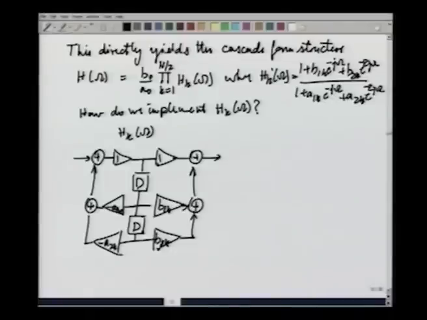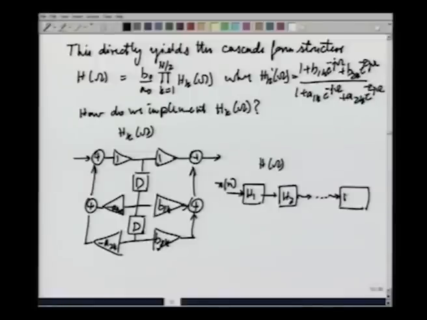This gives you hk, and h omega will then be implemented as xn going into h1 followed by h2 of omega, and finally followed by h n by 2 to get y n.